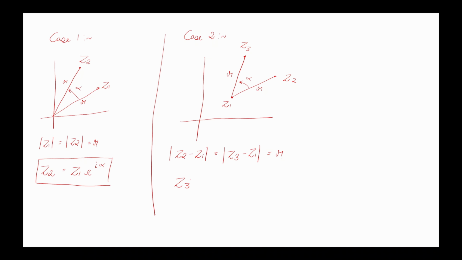Basically z3 minus z1, I can write as z2 minus z1 into e to the power iota alpha. Now of course if I need to find only what my z3 is going to be, I can simply take the z1 to the other side and find my answer. So this is how we find it for this case.